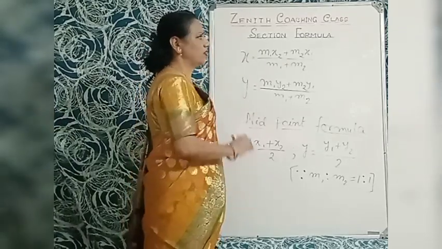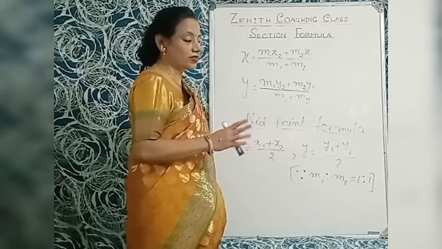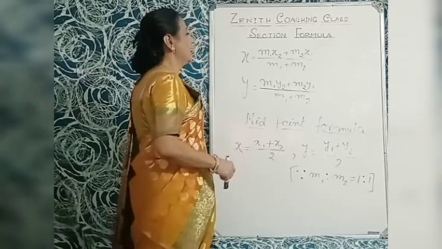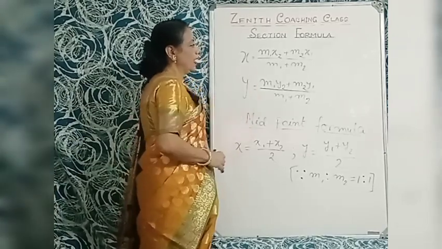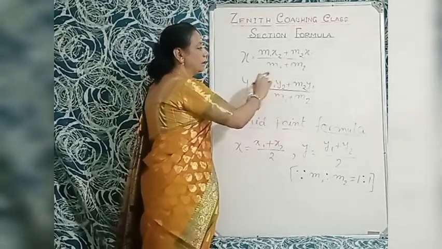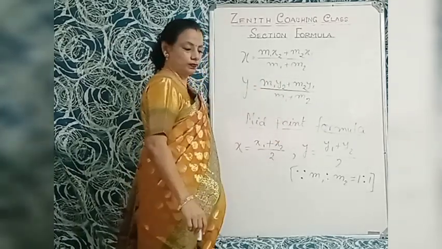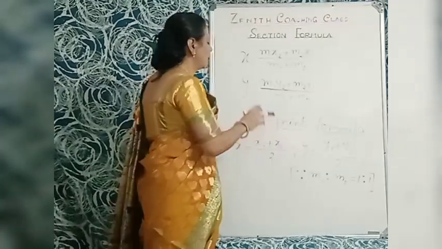Section formula is not a tough chapter for you. Every chapter I teach is not a tough chapter for you. So your formula is x equals to (m1 x2 plus m2 x1) by (m1 plus m2). Later I will teach you why.